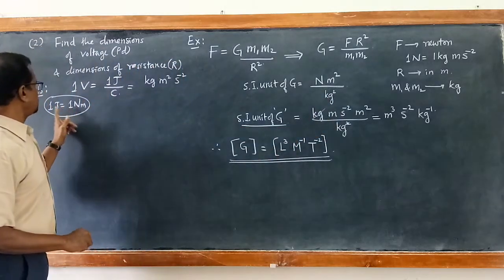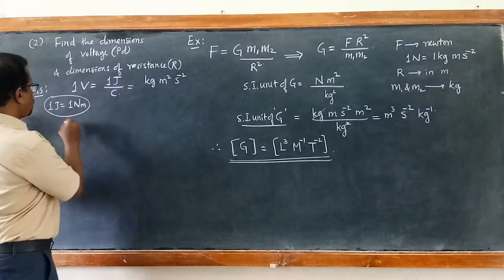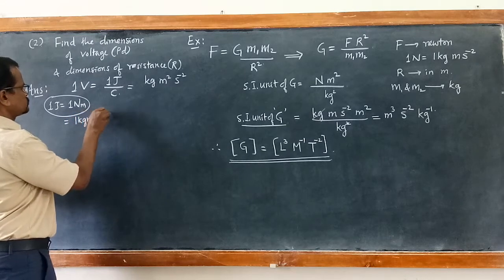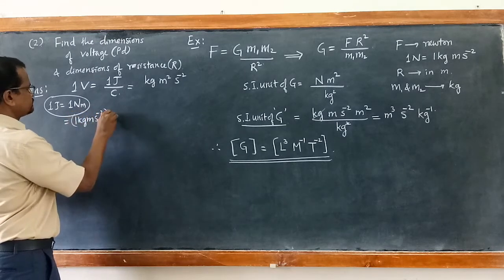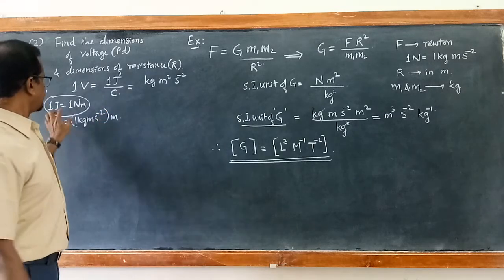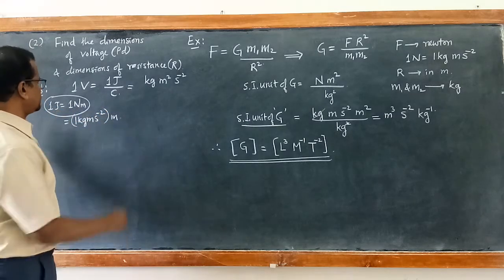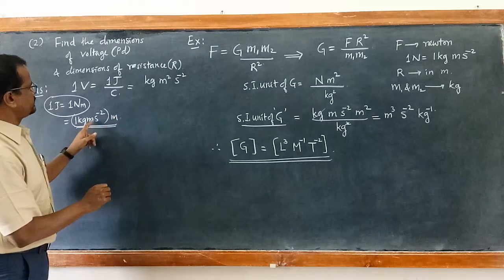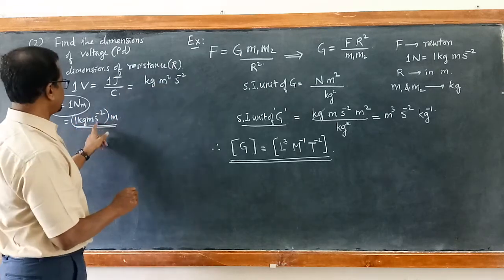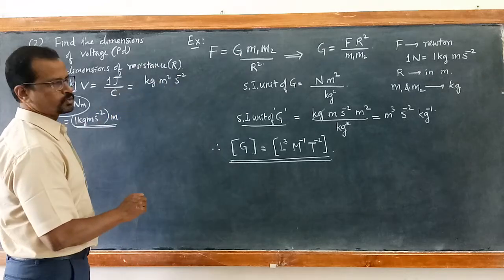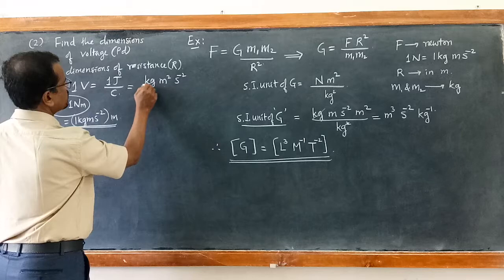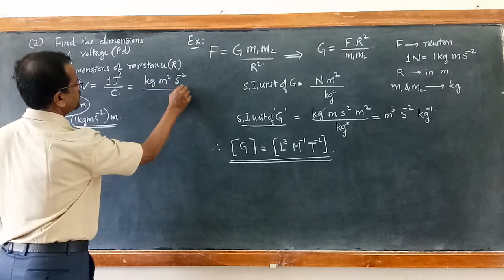So I can write 1 joule as kg meter per second square into meter, thus kg meter square per second square. Thus kg meter square per second square divided by coulomb.